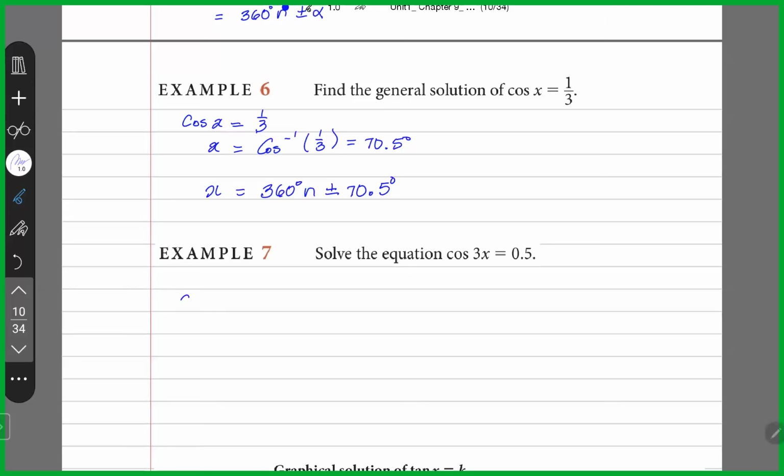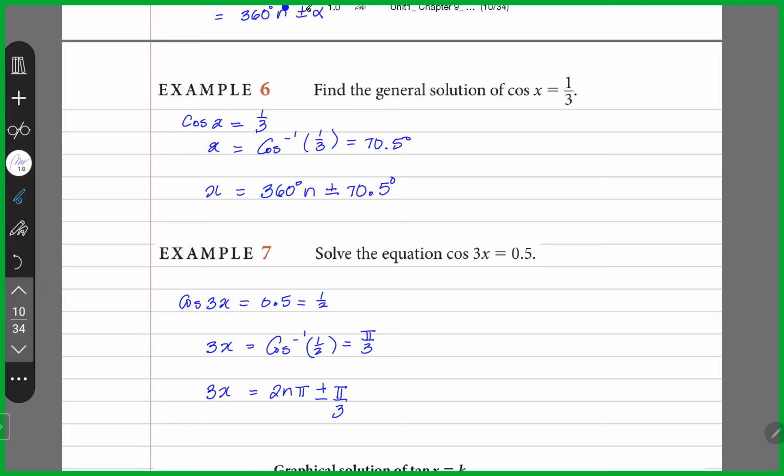So here I have cos 3x is equal to 0.5 or a half. Therefore, 3x is equal to cos inverse a half. And I think the cosine inverse of a half is 60 degrees. Now 60 degrees is pi by 3. So my general solution, I have 3x is equal to 2n pi plus or minus pi by 3.